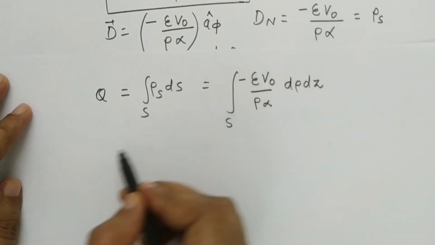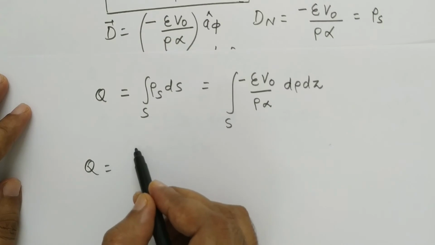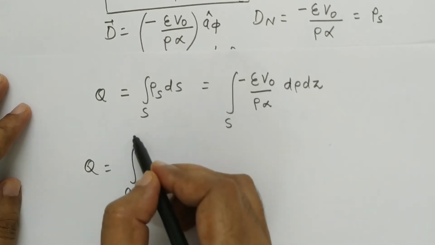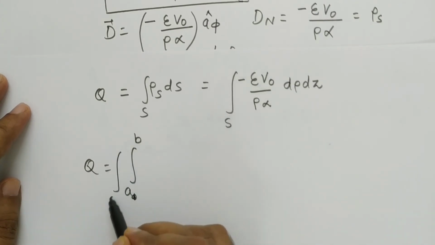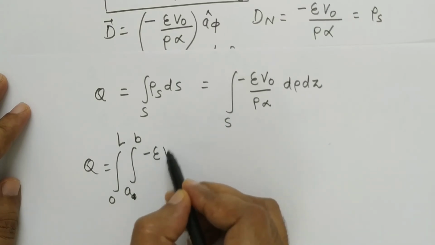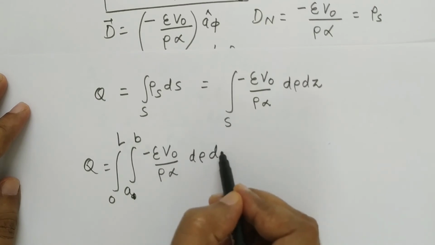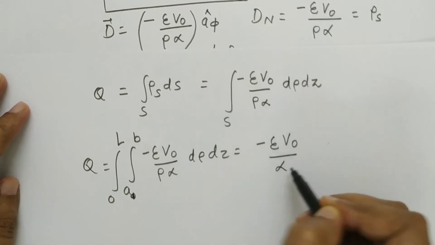Now this d rho can be integrated from one point to another point, a to b, and dz is from 0 to L. We have minus epsilon V naught by rho alpha d rho dz, so minus epsilon V naught by alpha.